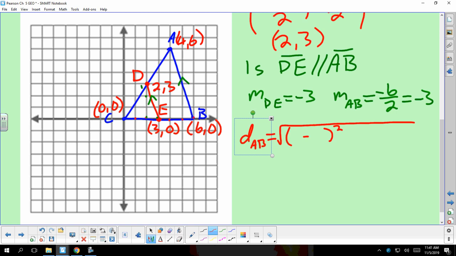Remember how we do our distance formula: we're going to put our x's together and then put our y's together. So AB, x's together, we have 6 minus 4, and our y's together, 6 minus 0.